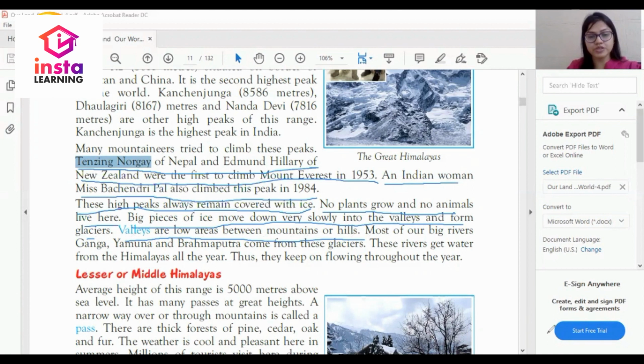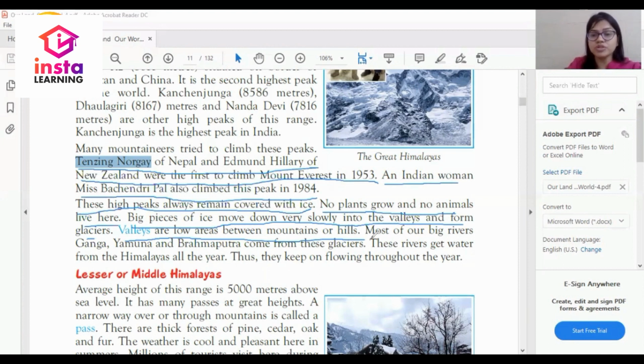Valleys किसे कहते हैं बच्चों? वो लो एरिया जो माउंटेन्स और हिल के पहाड़ियों के बीच में होता है. This is a very important question. What is a valley? So the answer is valleys are low areas between mountains or hills.